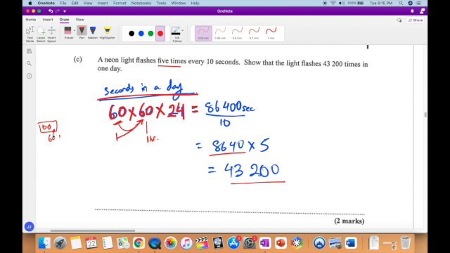So I multiply the 60 seconds by every one of them minutes. So 60 seconds in 1 minute times 60 minutes in 1 hour gives me the amount of seconds in 1 hour.